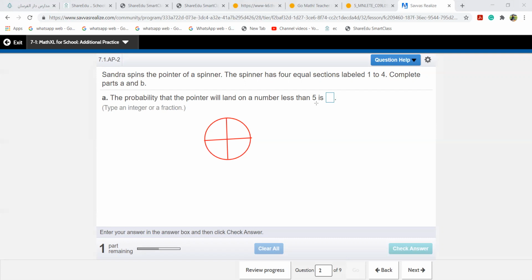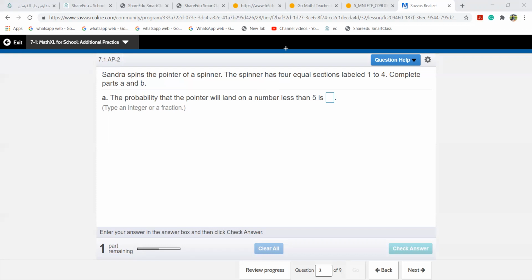What is the probability of getting an integer less than 5? Less than 5, how many numbers are there? 4 numbers. So the probability of the pointer landing on less than 5 means 4 out of 4. Why did I write 4 out of 4?